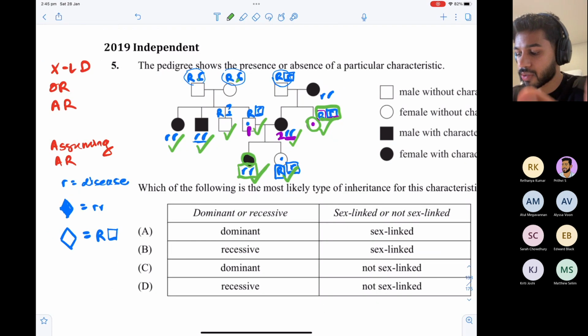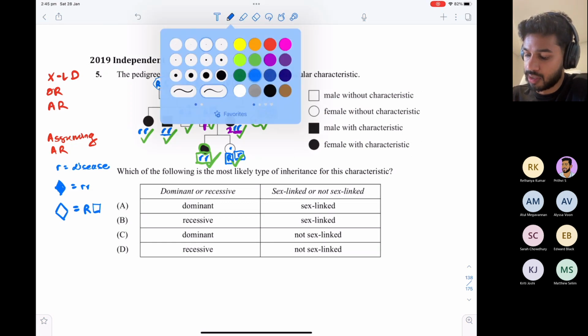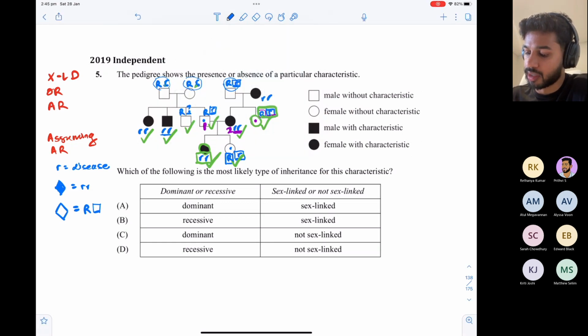So what this is telling you is that this condition definitely can be autosomal recessive. And at this point in an exam, where you've assumed autosomal recessive, it completely works, you can confidently put your answer down as most likely being not sex-linked and recessive, aka option D. Right?